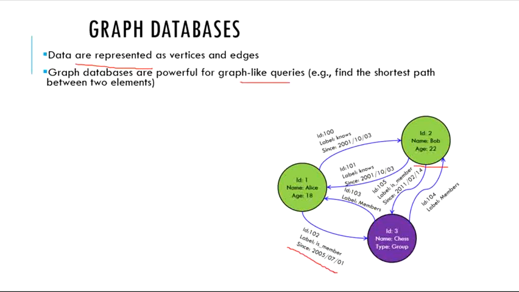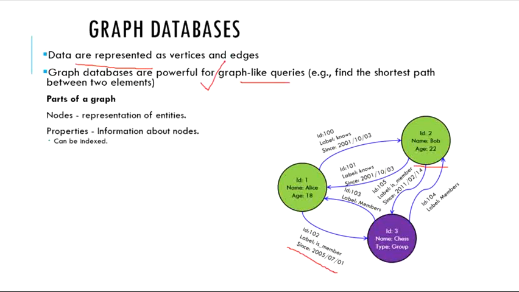Graph databases are powerful because they enable these graph-like queries. For example, if you need to find the shortest path or you need to quickly access some data, then these are the best that you need to use. The parts of graphs, or the elements that it has, are nodes, which represent the entities, and properties, which hold information about the nodes, and these can be indexed.